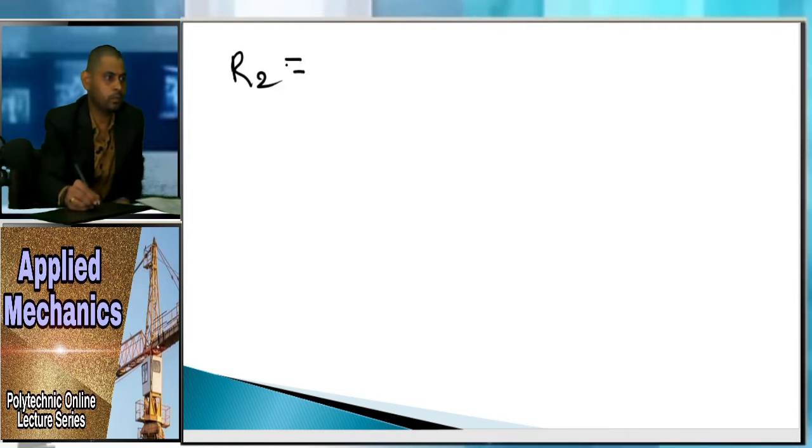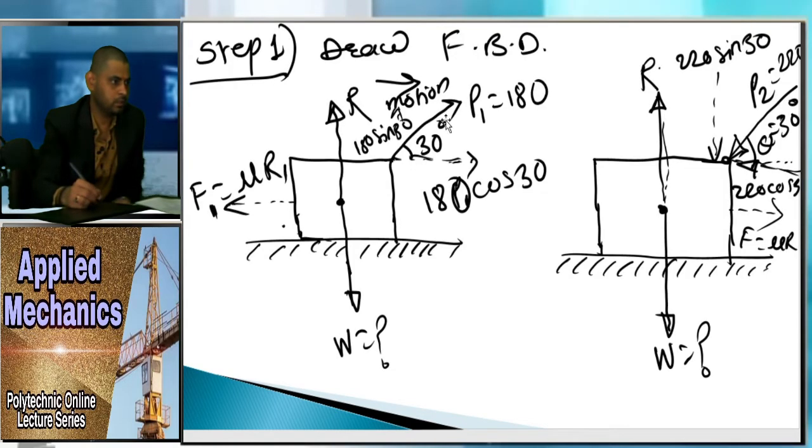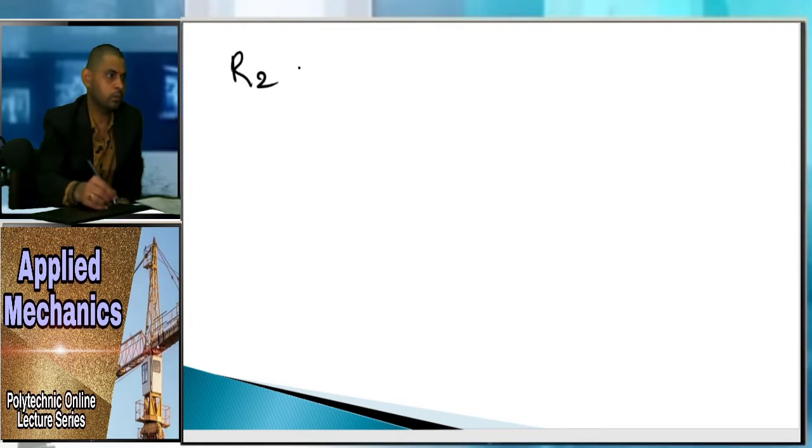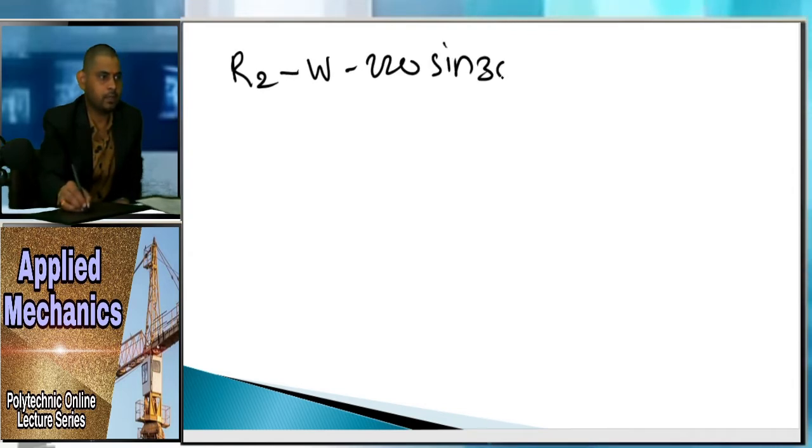In this figure, R2 minus W minus 220 sin 30 is equal to 0.